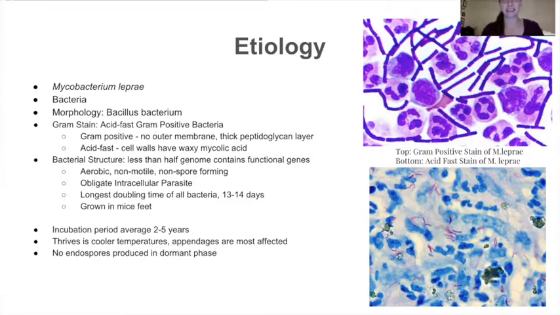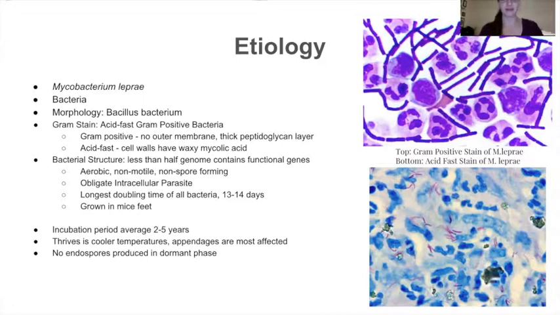It has the longest doubling time of all bacteria, which is 13 to 14 days, and because of that, it cannot be cultured in a lab. It will die before it can double, and so it is grown to be studied in the soles of mice feet. The average incubation period is 2 to 5 years, but can be as much as 20.